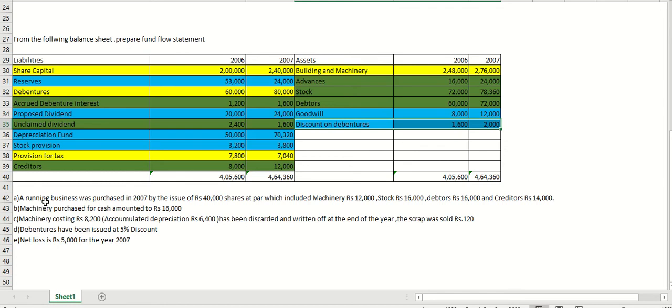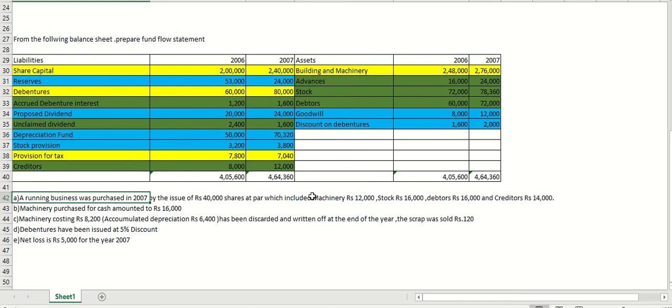A running business was purchased in 2007 by the issue of 40,000 shares at par, which included machinery of rupees 12,000, stock of rupees 16,000, debtors of rupees 16,000, creditors of rupees 14,000. Which means a business was purchased by the company. Instead of paying them cash, we're paying them by issuing our shares.